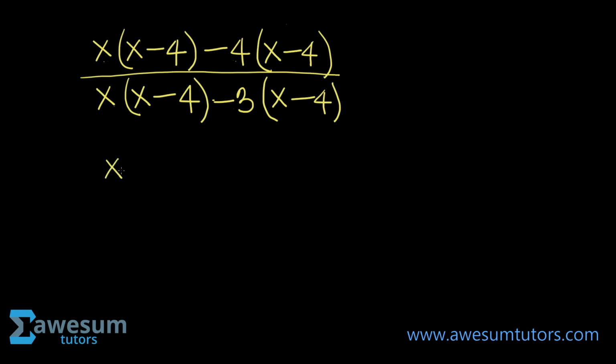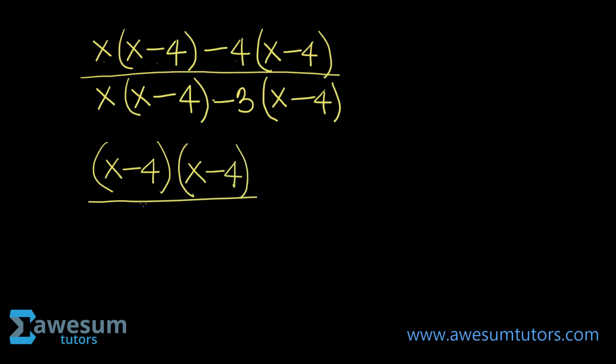I have x minus 4. You already have x minus 4, x minus 4 in the brackets, so just bring out one of them, x minus 4, over x minus 3, bring them together.